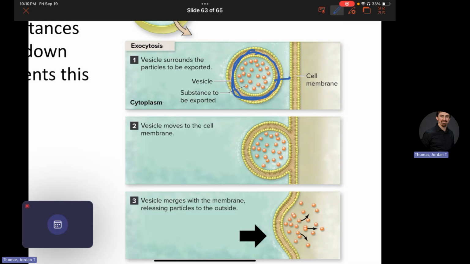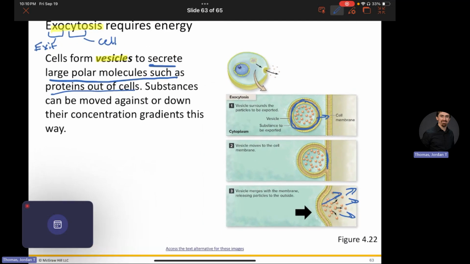It's going to bind to the membrane here and fuse with it to push all of these molecules out. So endocytosis is pulling something into the cell by making a vesicle. Exocytosis is pushing it out by making the vesicle fuse to the membrane and expelling it.